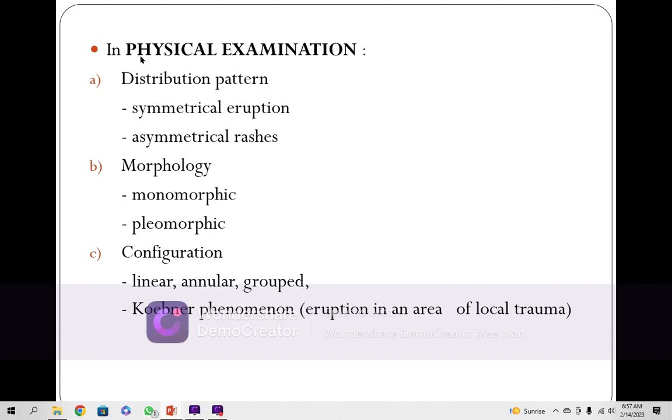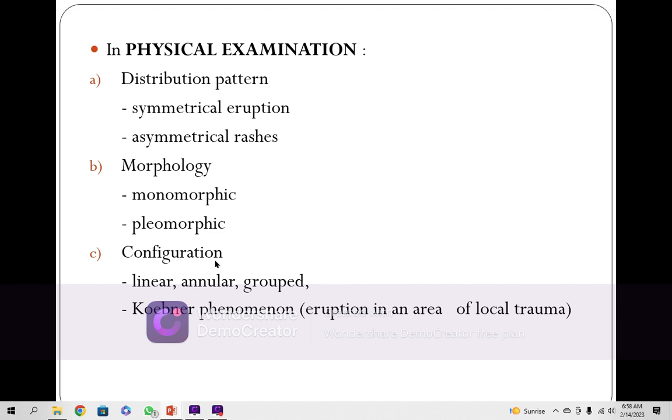Physical examination: its distribution pattern, symmetrical eruption or asymmetrical rashes, and its morphology, whether it is monomorphic, of the same type of rash, or pleomorphic or polymorphic, which means the rashes are of different structures or morphological characteristics.